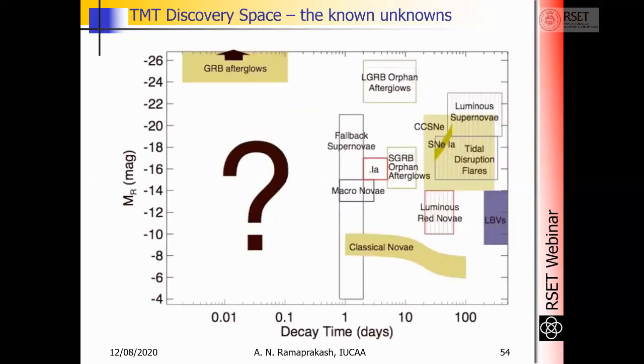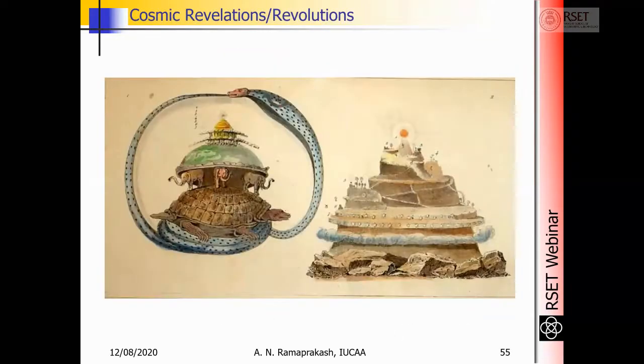So let me skip through this. This is the final couple of slides. If you now take a step back and look at what we used to believe our universe looked like thousands of years ago.